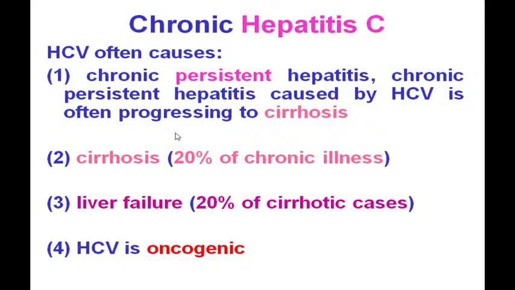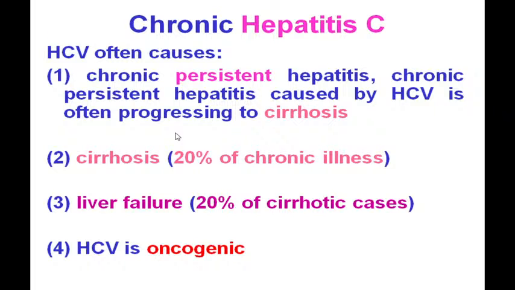So why do we have this? First, because it is weakly immunogenic, and it replicates very slowly, so the antigen load is not enough to evoke a very strong immune response. That's why chronic infection occurs in 80% of individuals.